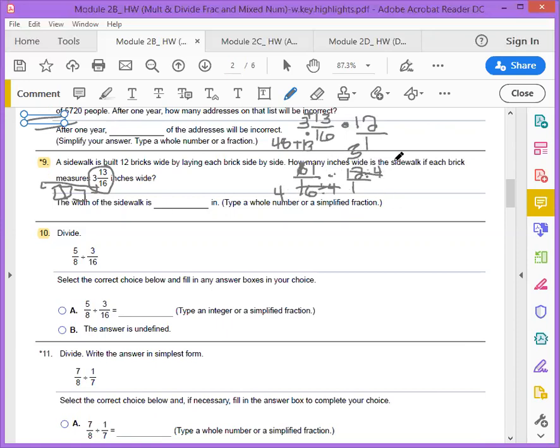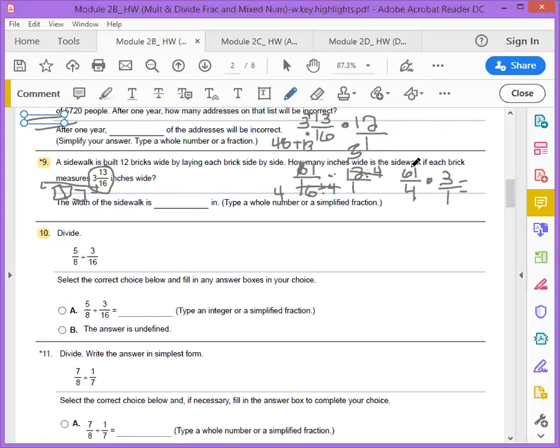So our new fraction after we simplify, we have 61 in the numerator divided by 4 times, remember we divided 12 by 4, that became 3 in the numerator of the second fraction, and the denominator was already 1. So now we just want to simplify more.